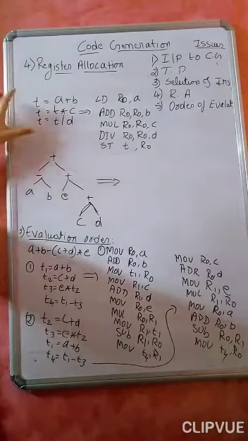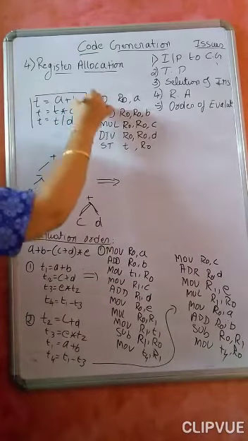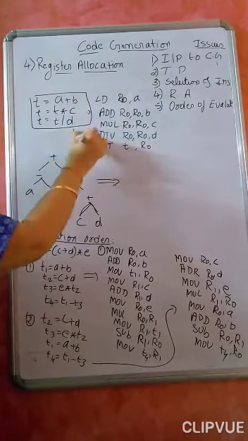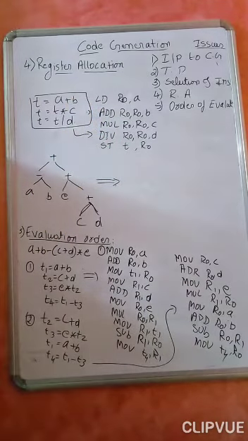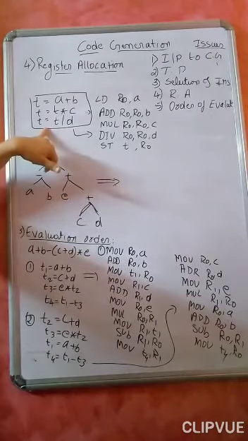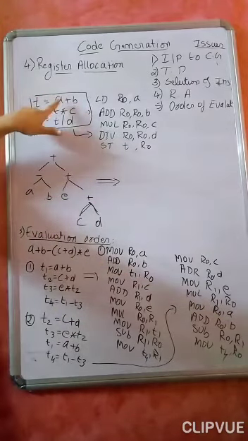As an example, consider this three address code intermediate representation. How can we generate the sequence of instructions for it? Here I have directly written it.